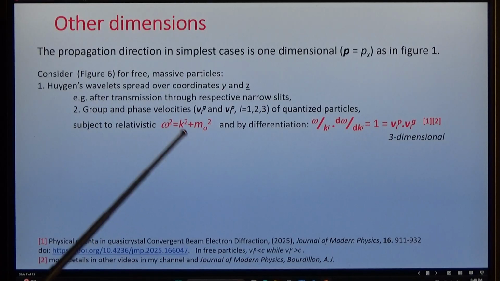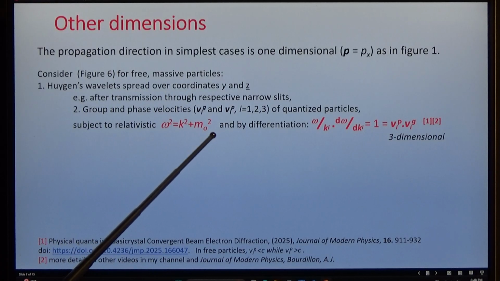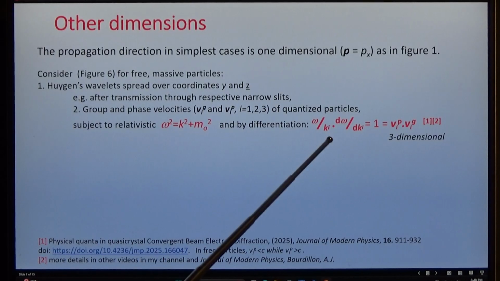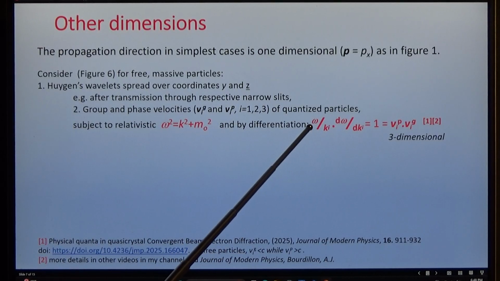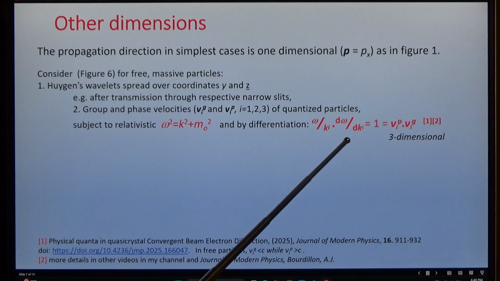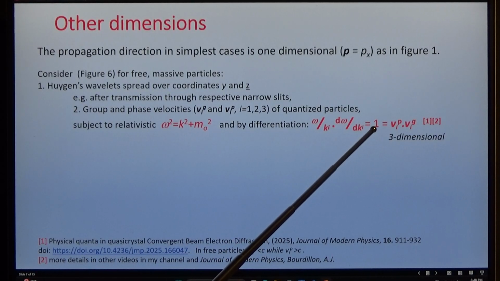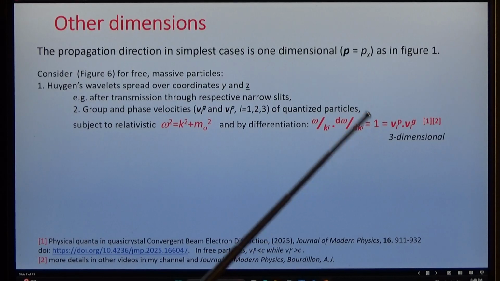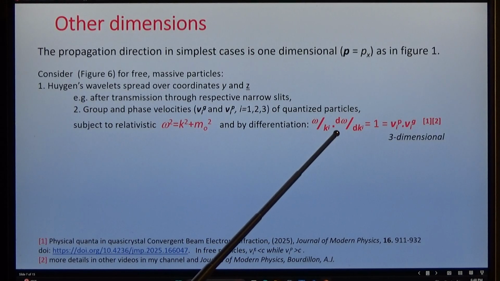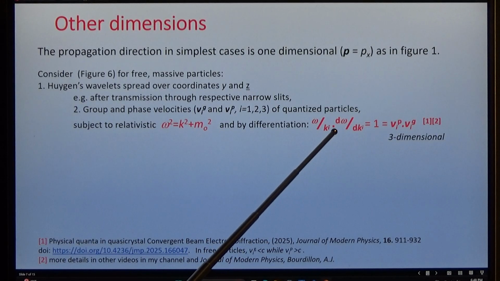To move on, we need to take the derivative of relativity, and we find omega over k multiplied by the derivative d omega by dk is equal to c squared, which in natural units is 1. What is omega over k? That's the same as lambda nu. That's the phase velocity.